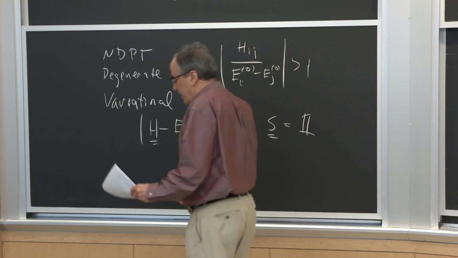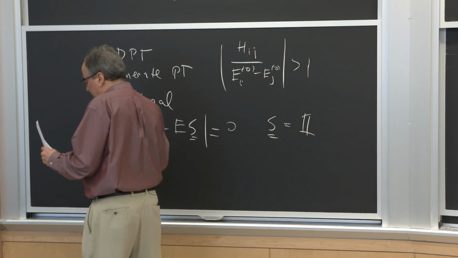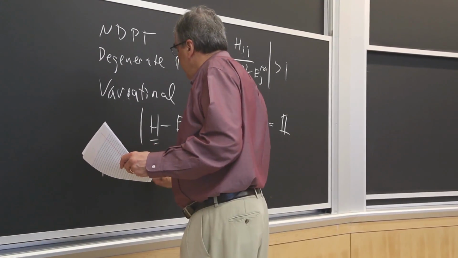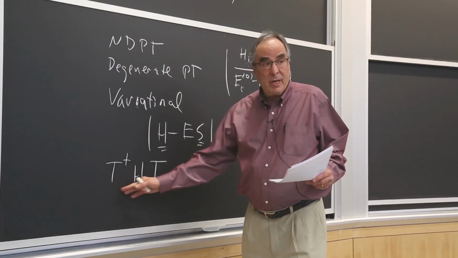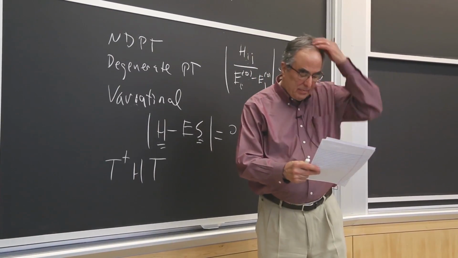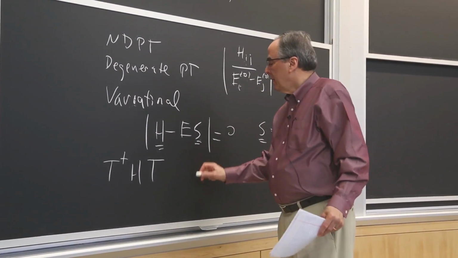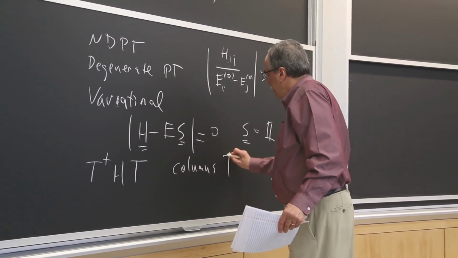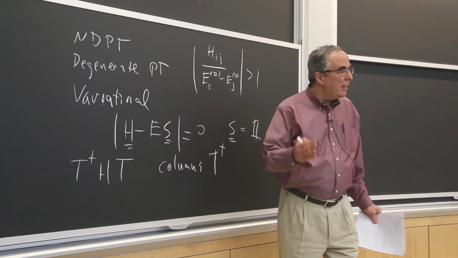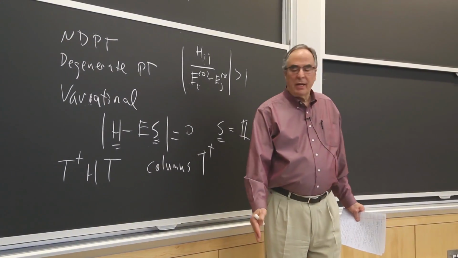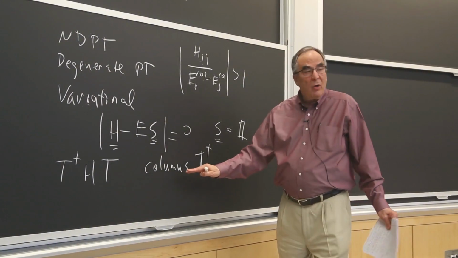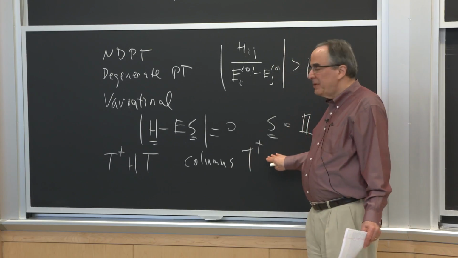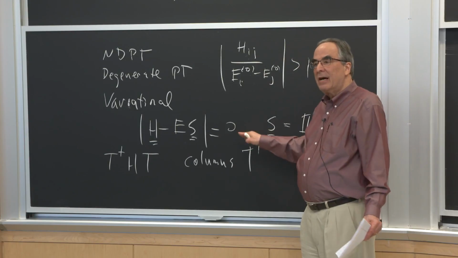Okay, and then we know that we can diagonalize a matrix by some kind of unitary transformation. And the columns of T dagger are the eigenvectors, and the rows of T are the inverse. Rows of T dagger, or the columns of T, are the inverse.